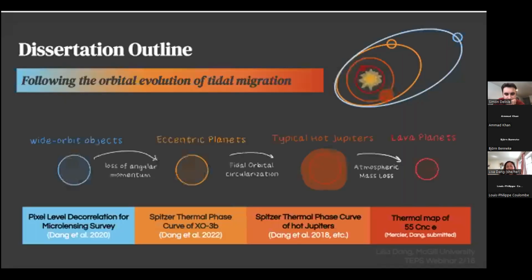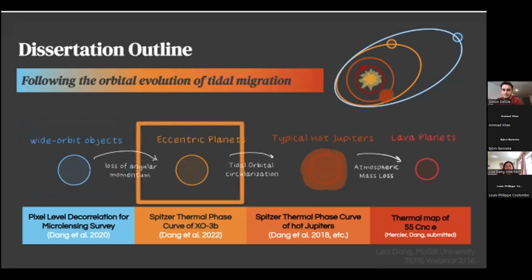So my presentation today will follow the orbital evolution of a gas giant undergoing eccentricity tidal migration. First we are going to start beyond the snowline with the Spitzer microlensing campaign. Then we are going to lose a little bit of angular momentum and be sent on an eccentric orbit, where we are going to characterize the thermal phase curve of an eccentric hot Jupiter caught in the act of migrating.